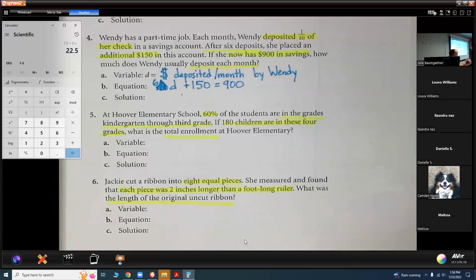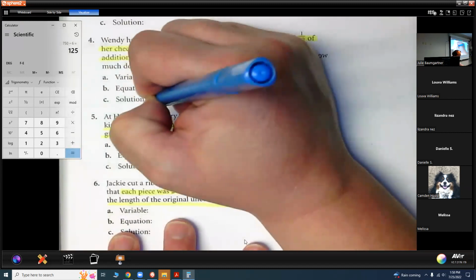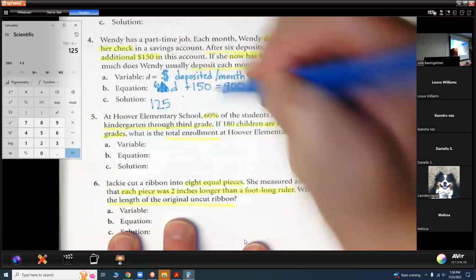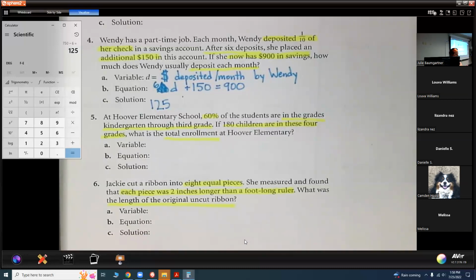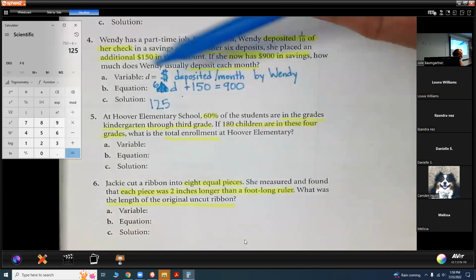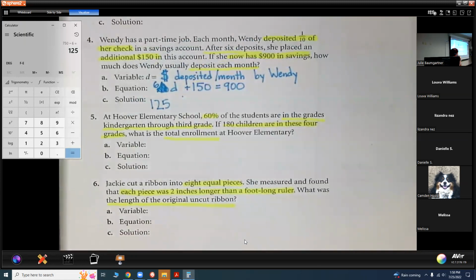But yes, the answer is 125. So 900 minus 150, divided by 6. Wow, she's making 125 a month. All right, let's look at number 5 then.